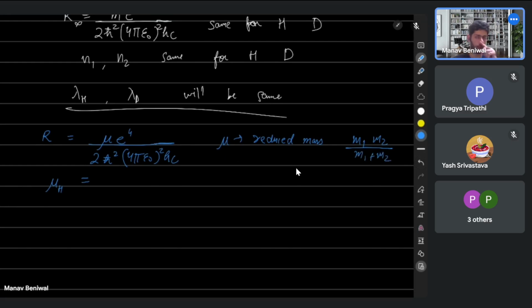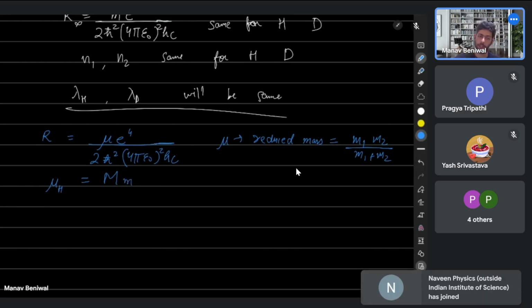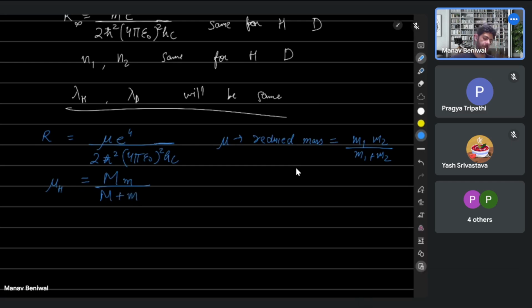So if you have two bodies of masses m1 and m2, your reduced mass is simply m1 m2 divided by m1 plus m2. So what will be the reduced mass for hydrogen? We have mass of the nucleus, and then we have mass of electron, and then we can divide them like this. Okay, this is fine.